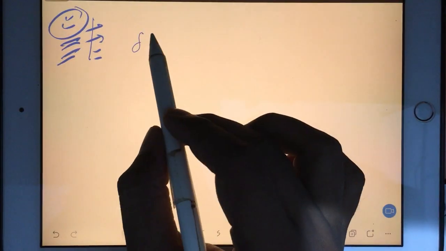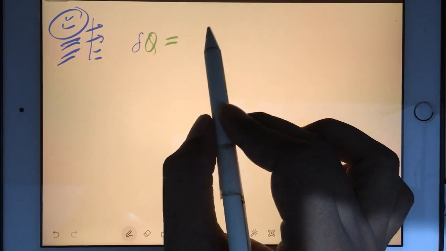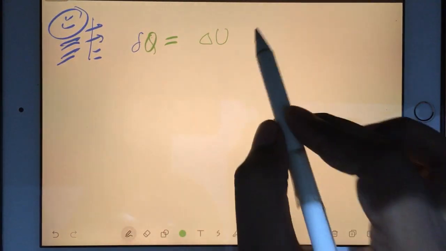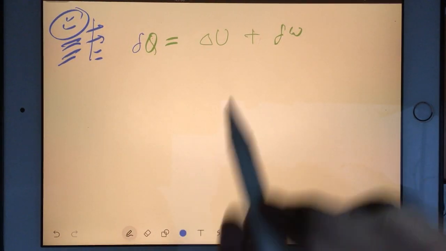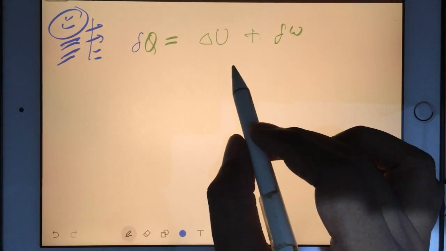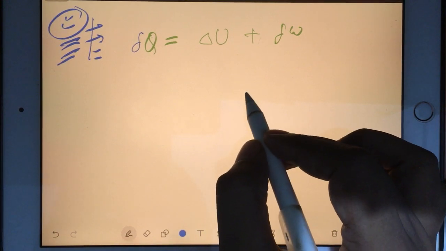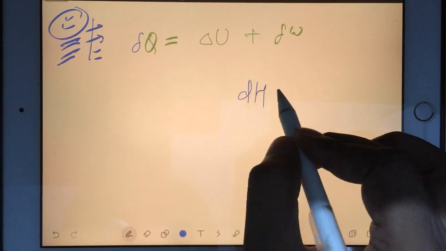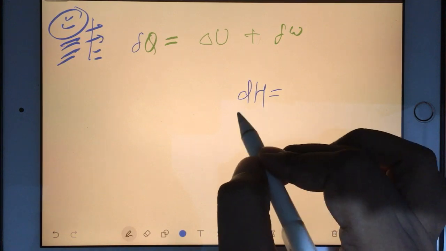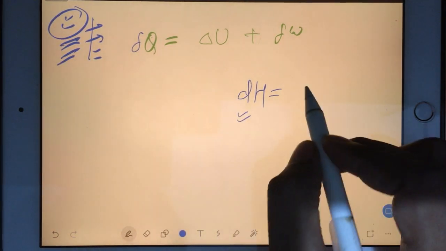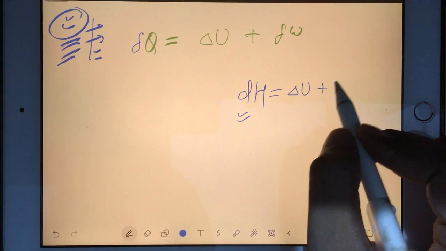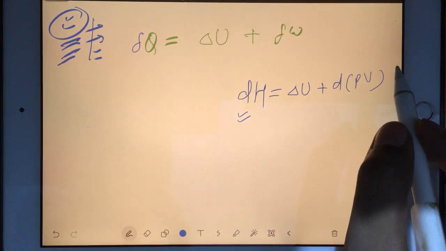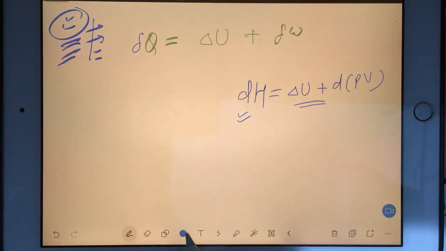From the first law, our dQ is equal to change in internal energy plus work done. And you should also know the change in enthalpy formula. How will you know the change in enthalpy formula? That is nothing but change in internal energy plus d(PV). What is this? Let me explain.